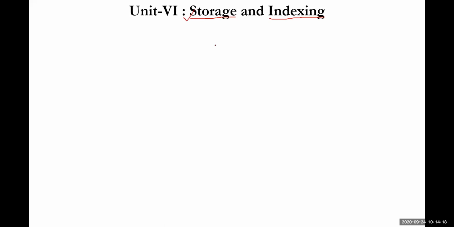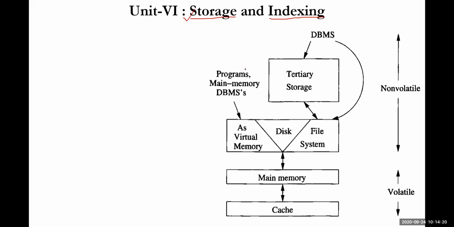So, let us have a look at this storage. Look at this. This is the complete snapshot of where the database will store its data or retrieve its data from, any kind of secondary storage or any kind of storage structures. At the bottom line, we have a cache memory.